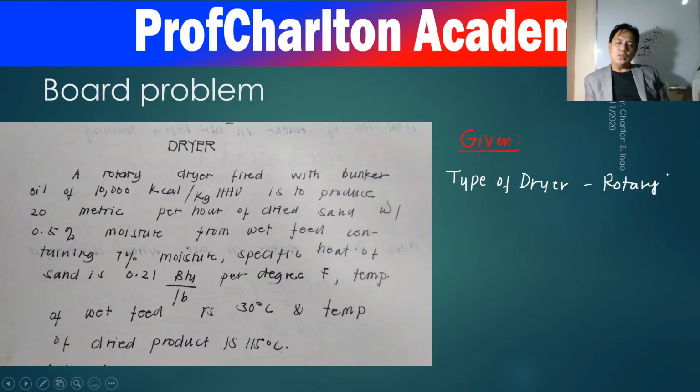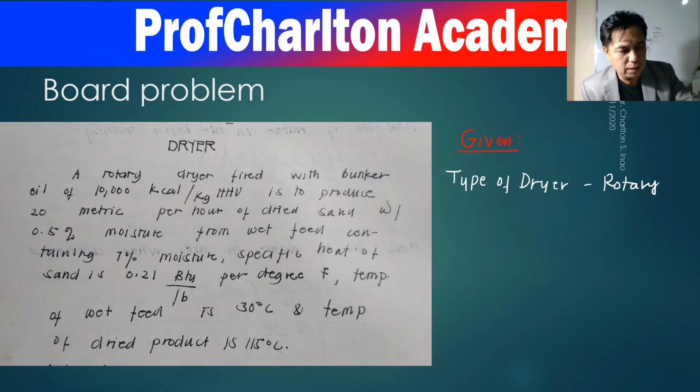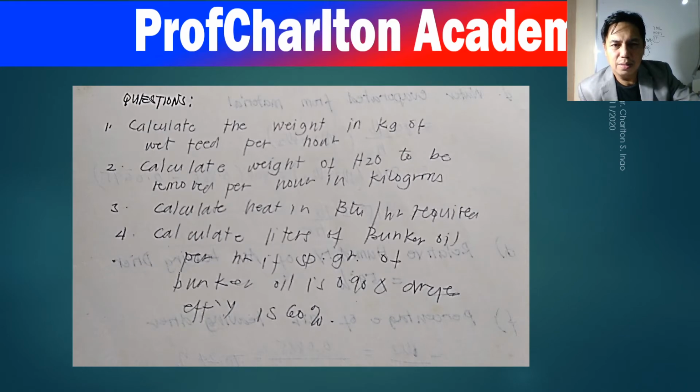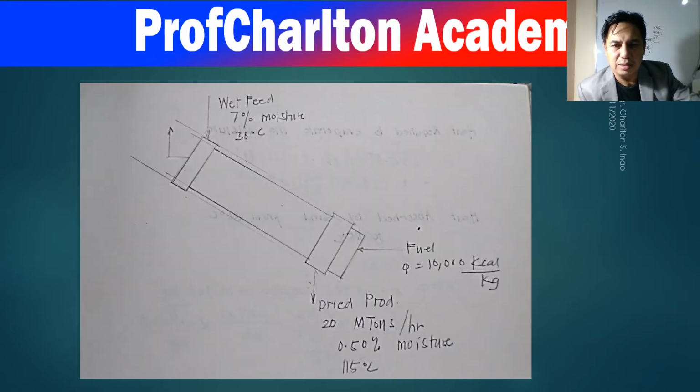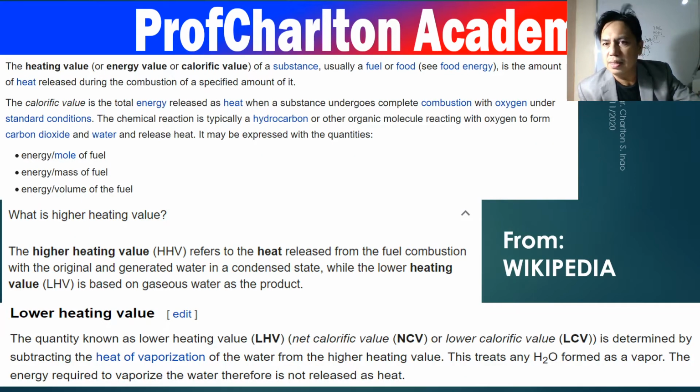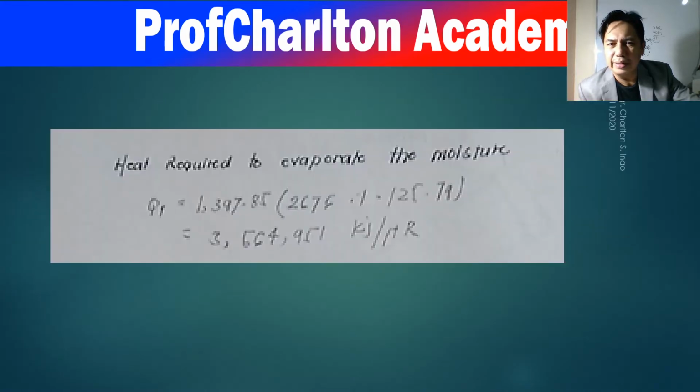As we know, there are two general types of dryer: one is rotary, rotating, and the other is flat bed. In this case, we are dealing with a rotary dryer. For those who are not yet familiarized with the type of dryer, this is the rotary.